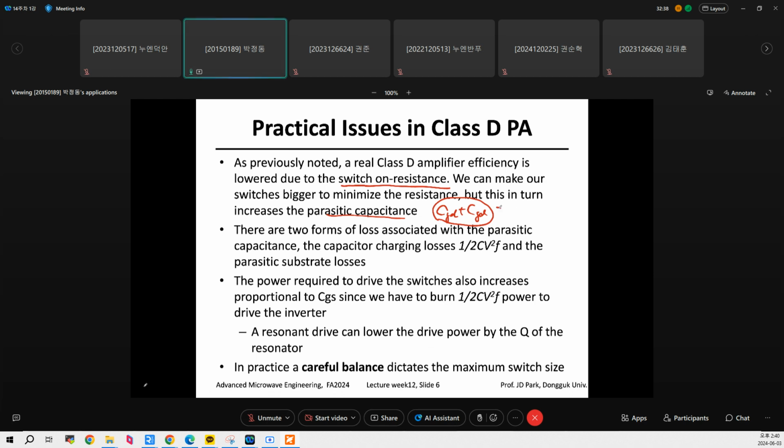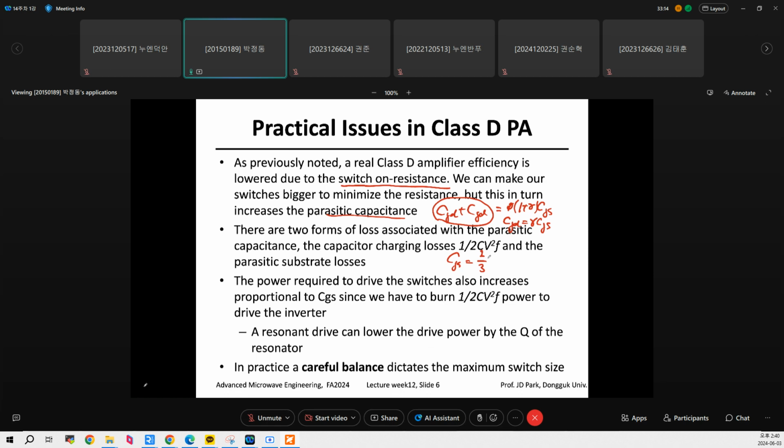So we may say this is 1 plus gamma, where CGD is gamma CGS, which means CGD is just proportional to CGS. Therefore, we may say this is 1 plus gamma CGS. Okay. So, what is CGS? CGS is 2 divided by 3. If this is, uh, what is that?